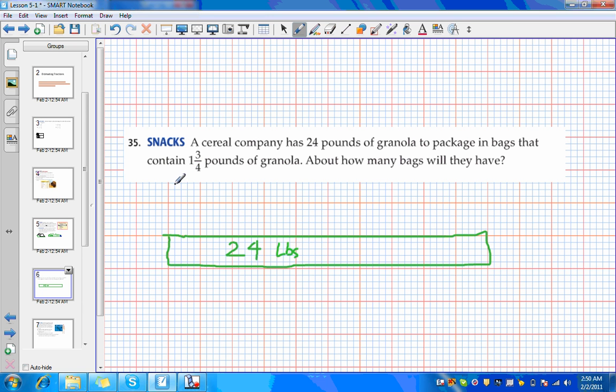Remember, we're looking for estimates. So what do you have to do to figure that out? First, estimate and round off how many pounds are in a bag of granola. Then figure out how many bags 24 pounds would make.